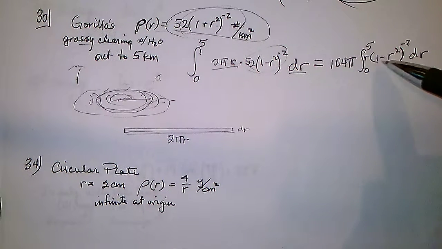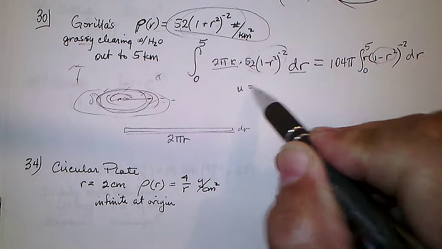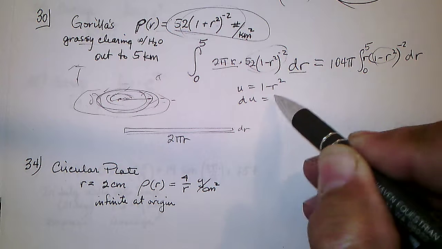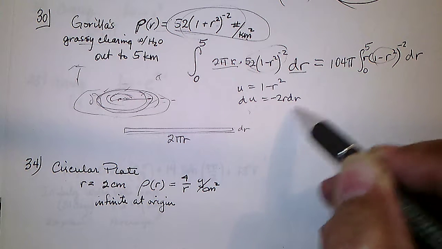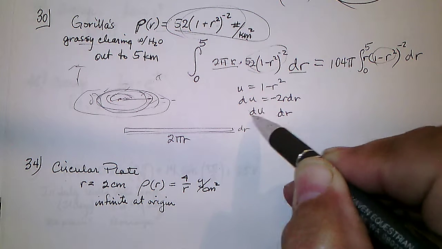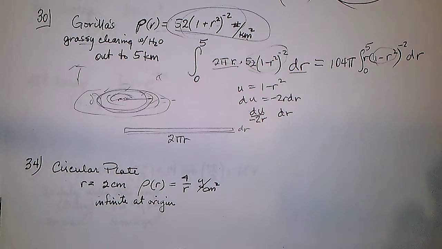And that's good because we're going to let u be the stuff inside here. So u equals 1 plus r squared. Du is 2r dr. So we're going to replace dr with du over 2r. And that r is going to cancel that r.